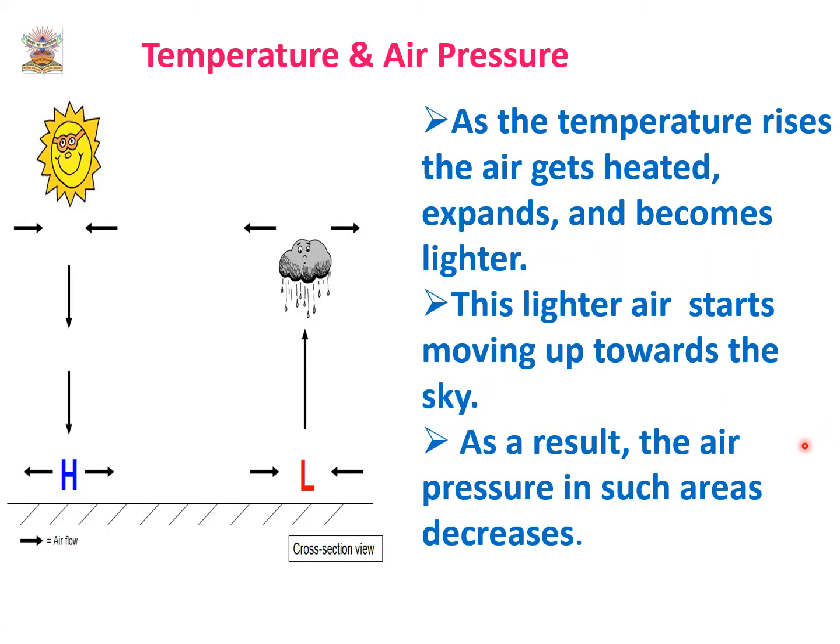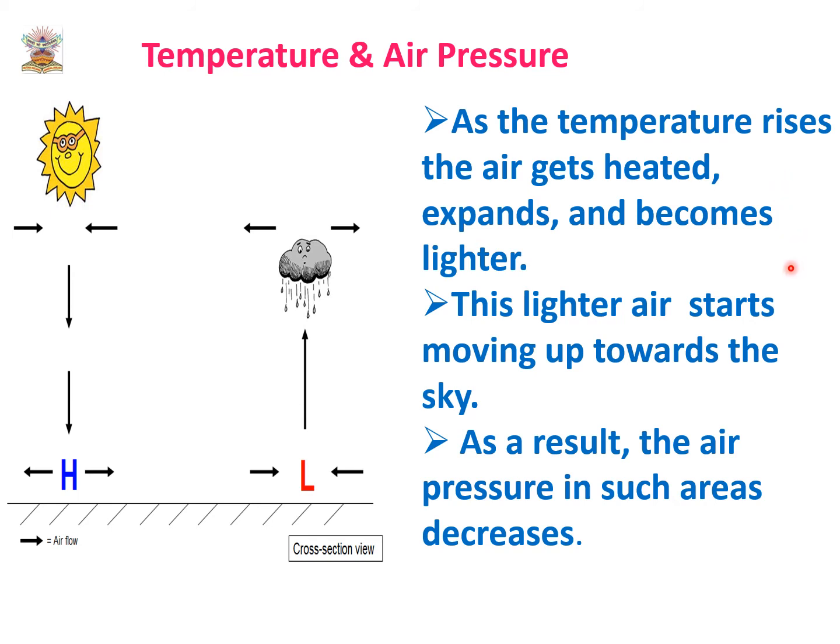Now here we will see what happens with the temperature and the air pressure. As the temperature rises, as it becomes hot, the air gets heated. When you heat water, you can see the water vapor going up, children. Similarly, when the temperature rises, the air also gets heated.